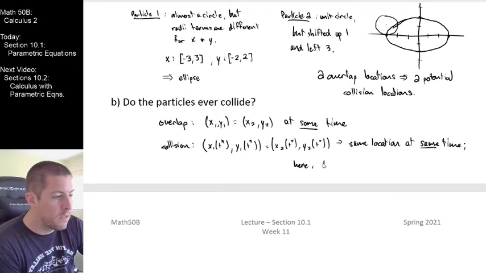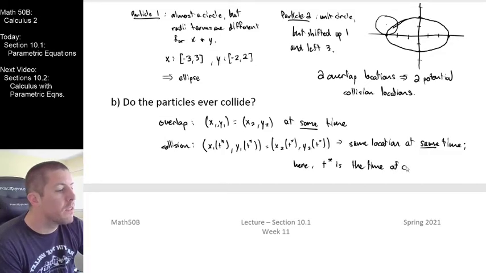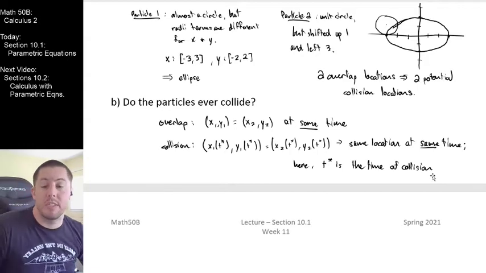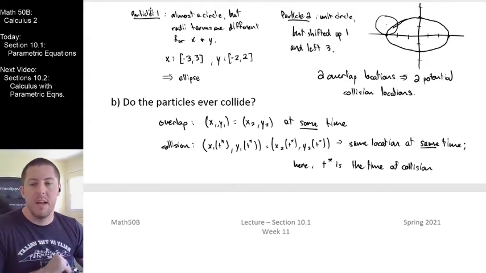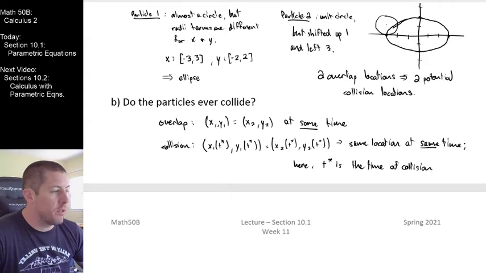Here, t star is the time of collision. All right, so there needs to be some special time at which, at that one time across both particles, those particles are in the exact same location.